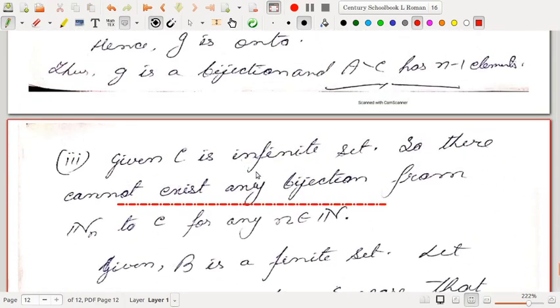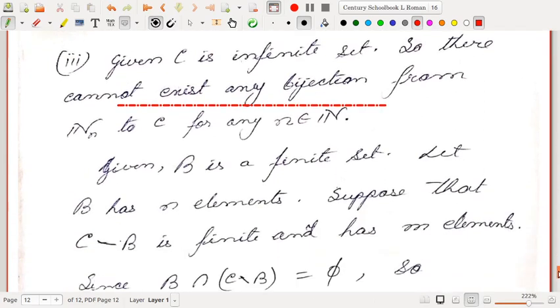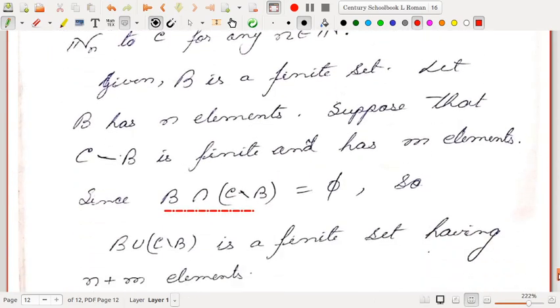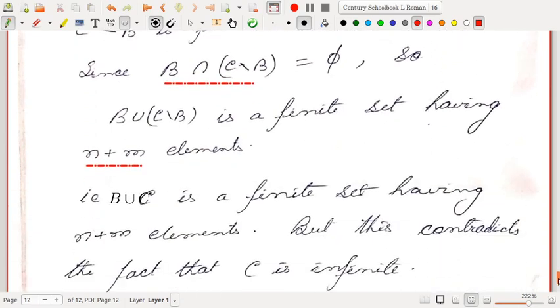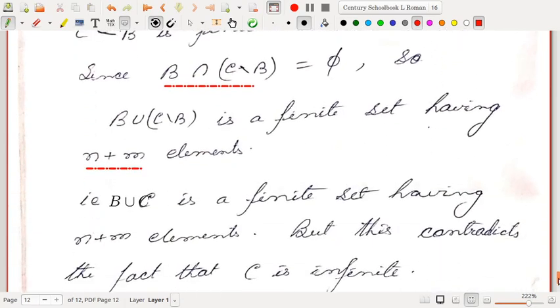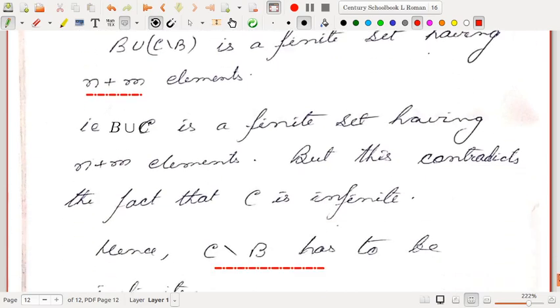It was given that C is an infinite set, and we had supposed that C minus B is finite. Then by the first result, B union C minus B is also finite. B union C minus B is B union C, so B union C is a finite set. But this contradicts the fact that C is infinite.